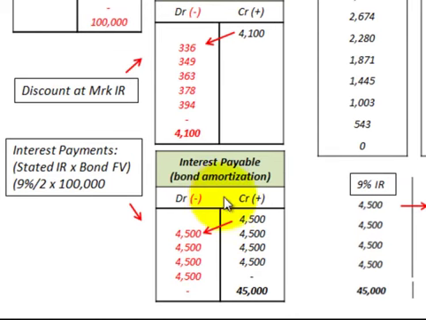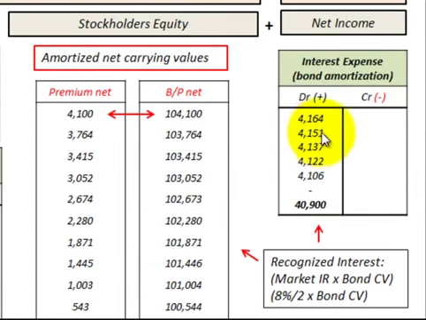We divide our 9% interest by 2 to get 4.5% per period, and we take that 4.5% times the $100,000 face value to record a semi-annual payment of $4,500. Then over here we record our interest expense as part of net income, and that is based on the market rate of interest times the bond's carrying value.